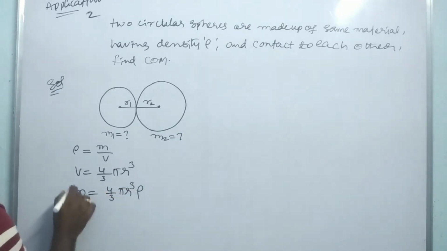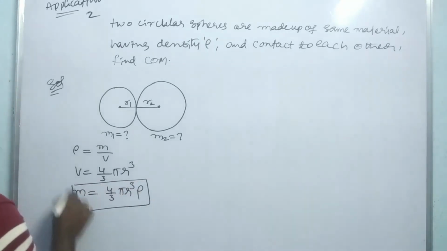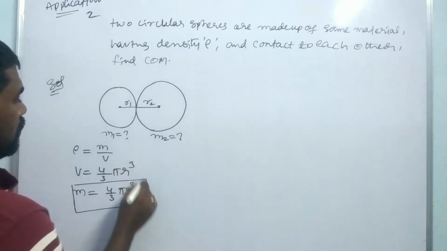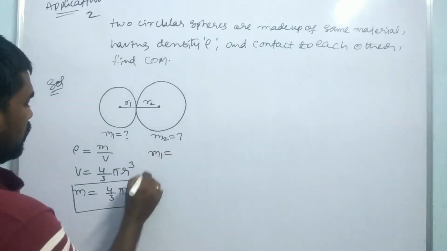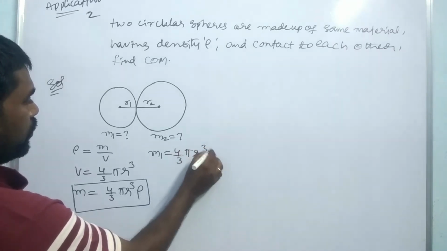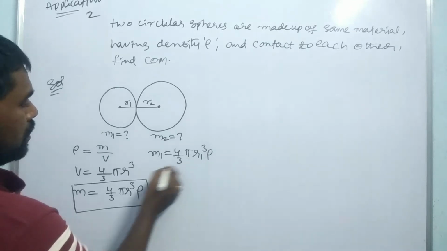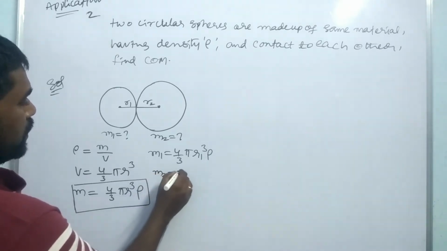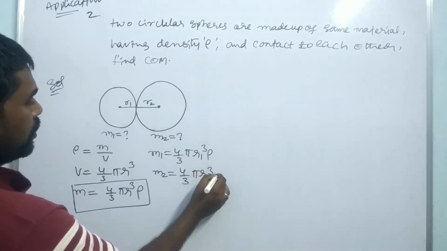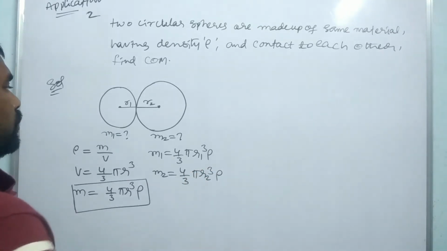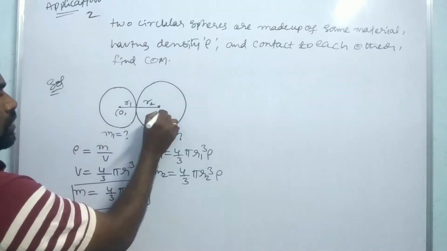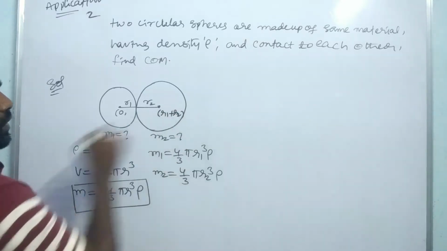This is the mass of the sphere. So m1 is equal to 4 by 3 pi r1 cube rho, and m2 is 4 by 3 pi r2 cube rho, because rho is constant for both spheres, made of the same material. Whereas x1 is equal to 0 here, and x2 is equal to r1 plus r2.